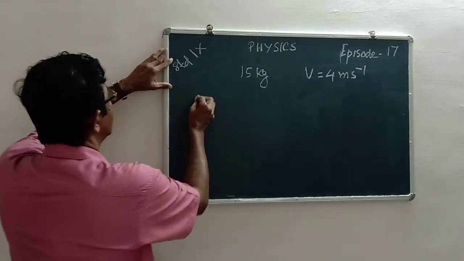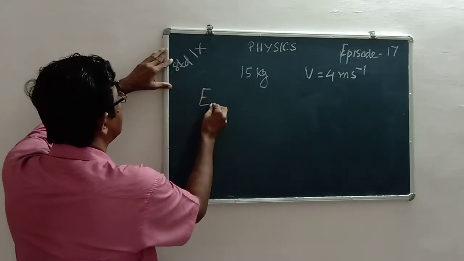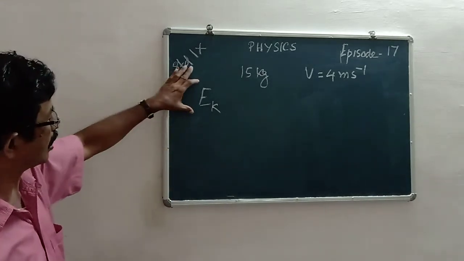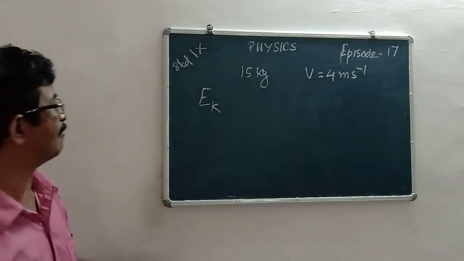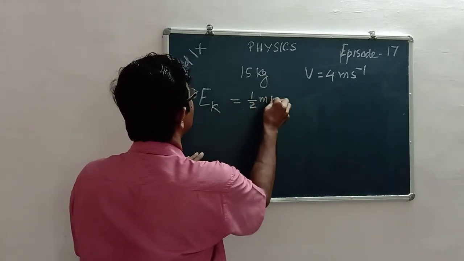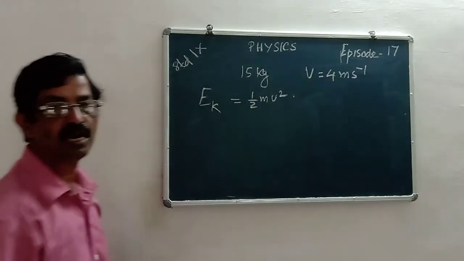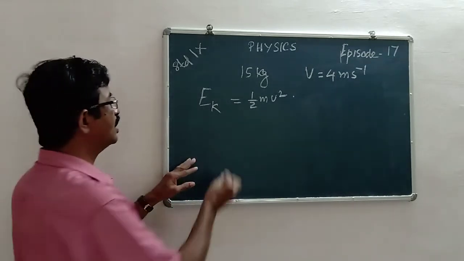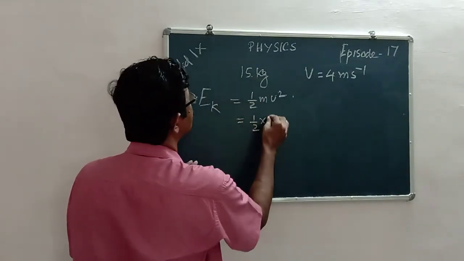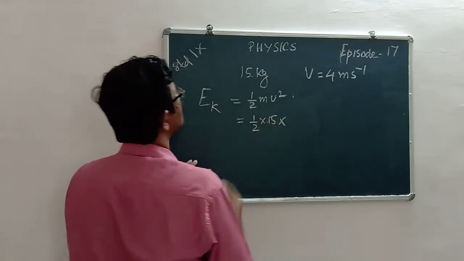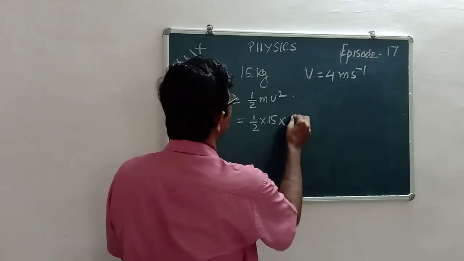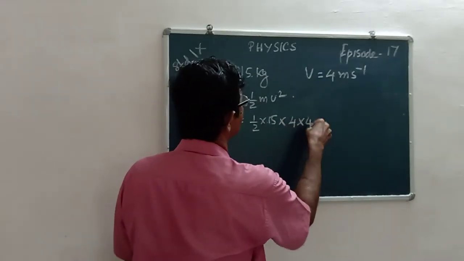We know kinetic energy, KE, K is for kinetic and E is for energy, is equal to half m v square. That is equal to half into 15 into v square. V is here 4, so v square is 4 into 4.